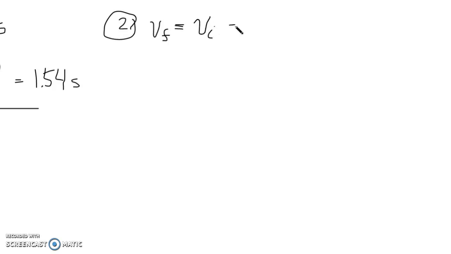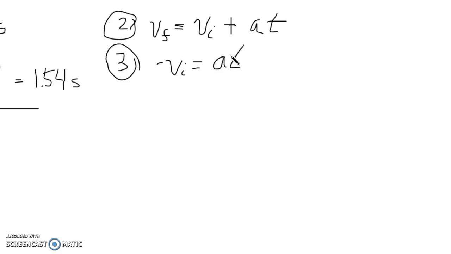Final velocity equals initial velocity plus acceleration times time. Now we know the final velocity is 0, so we say this is 0, subtract the initial velocity from both sides, and you get the negative initial velocity.